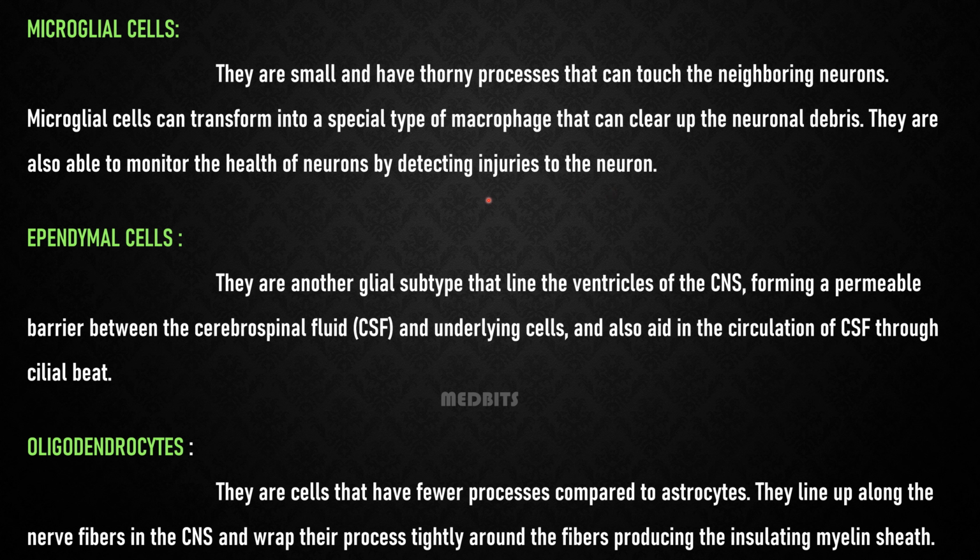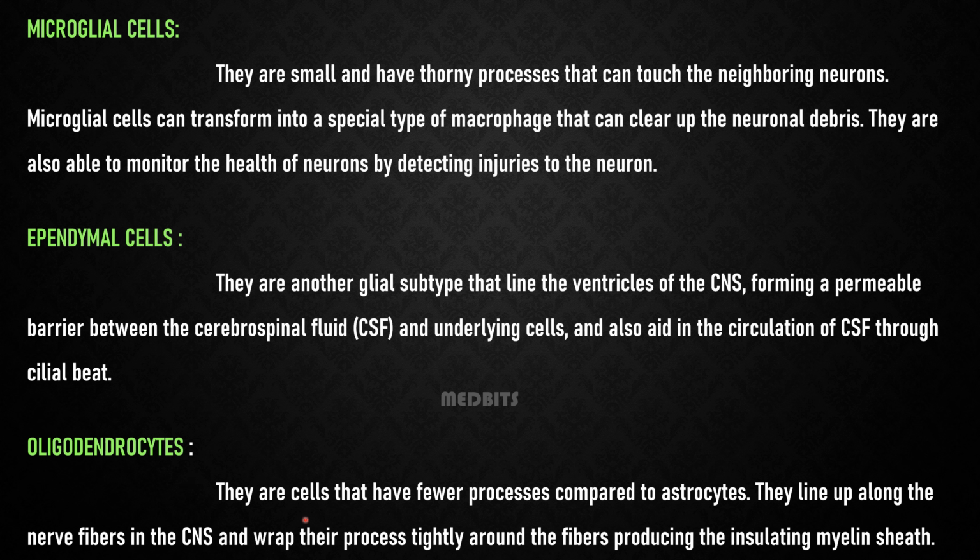Interesting, right? Ependymal cells. They are another glial subtype that line the ventricles of the CNS, forming a permeable barrier between cerebrospinal fluid and underlying cells, and also aid in the circulation of CSF through ciliary beat.